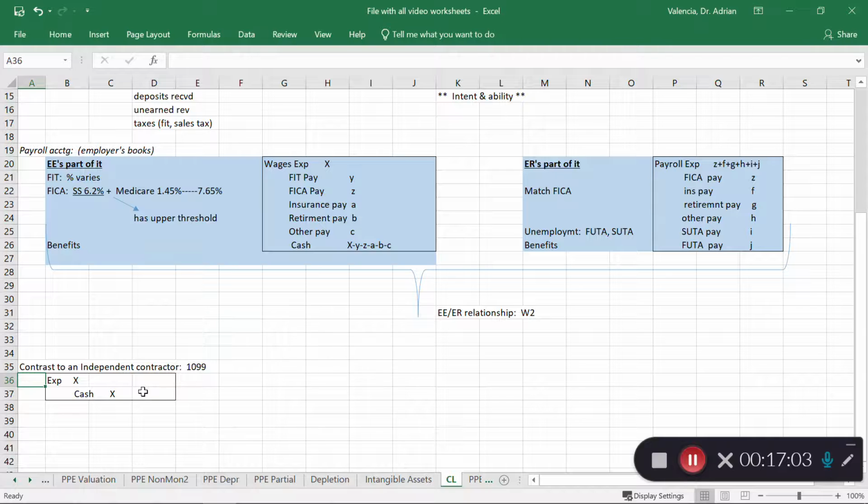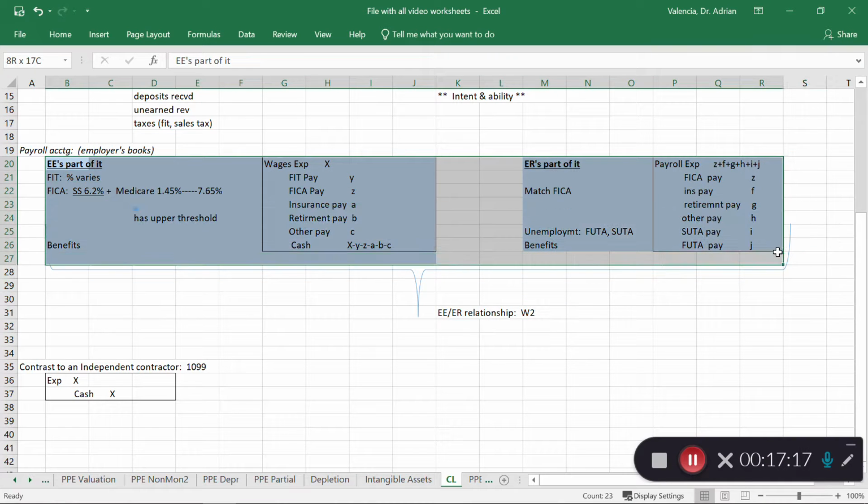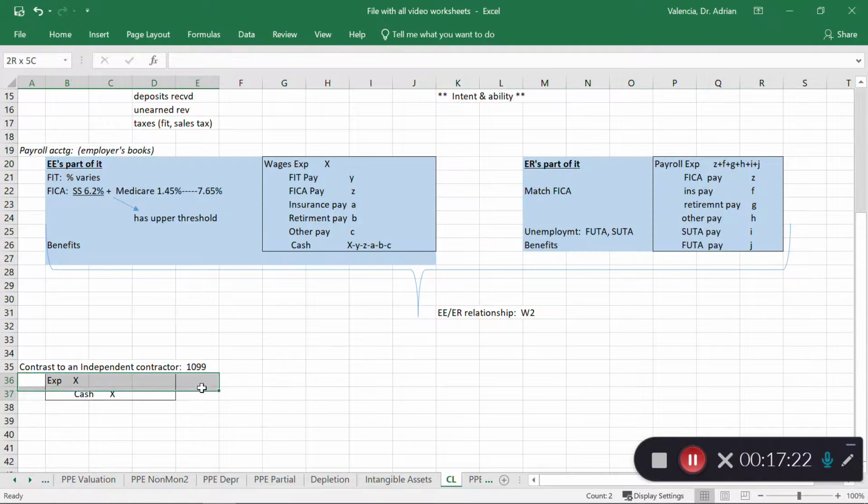You're either an independent contractor or you're an employee, but sometimes there's gray areas, and that's where you have to be careful to understand what that relationship is. Because if you do have an employee-employer relationship by definition, then this is the accounting that needs to be done. If instead you do have an independent contractor relationship, then this is the only thing you have to do.